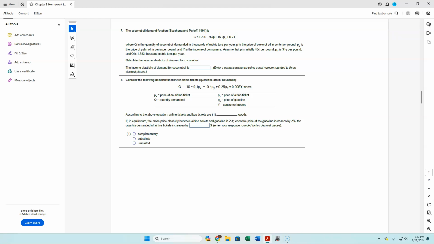And then what we need to do is take, let's see here. Right, so setting this up, you would start to take the first order partial derivative with respect to income, which in this case is going to be 0.2.